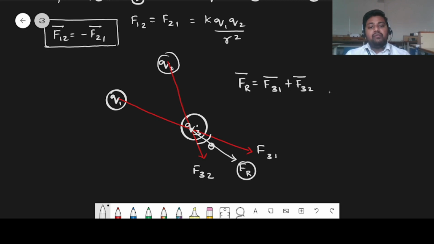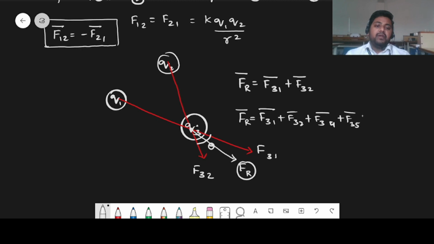If there are n number of charges, the resultant force will be F31 plus F32 plus F34 plus F35 and so on up to F3n. Vector addition we have to do. This is called the principle of superposition.